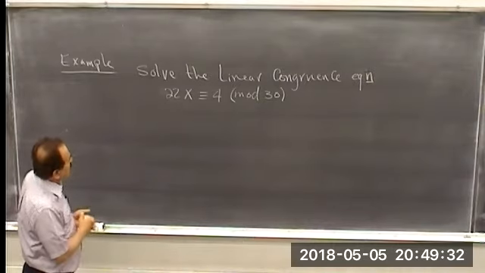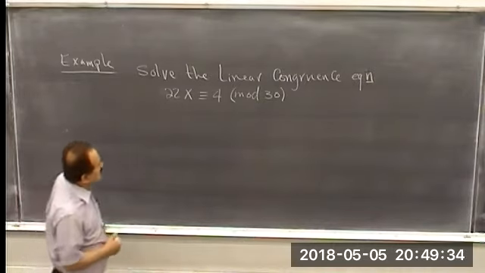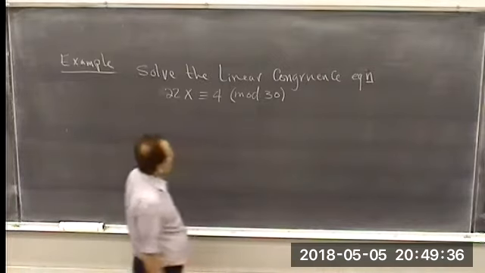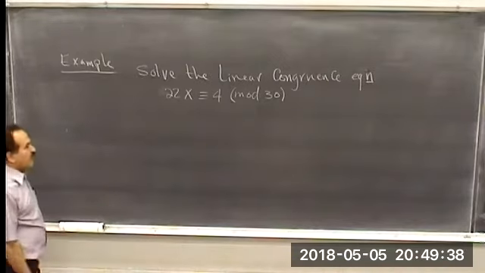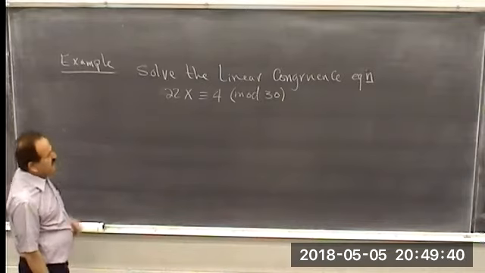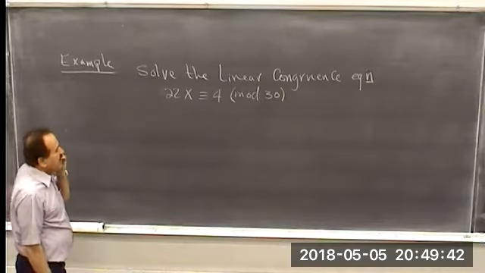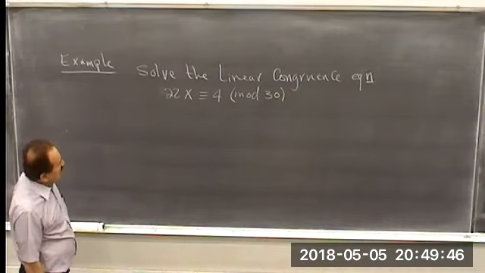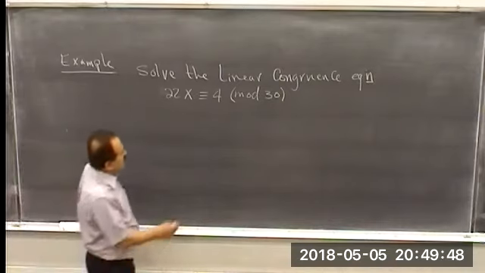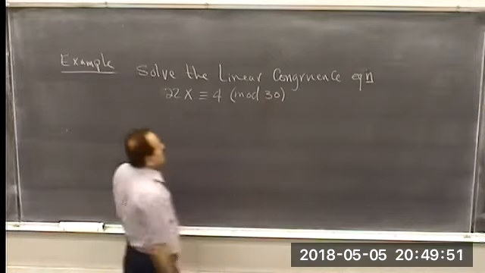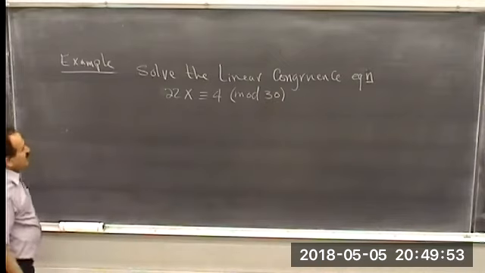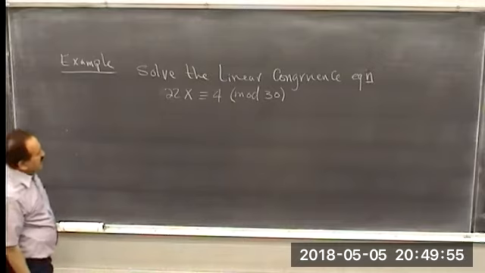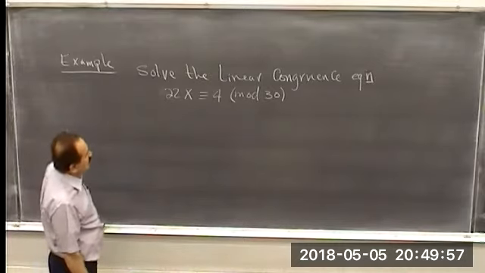Remember that we developed different methods for solving linear congruence equations. And I want to present one more method, actually using the Chinese remainder theorem. This method applies especially when the modulus is a composite number. So I'm just going to go through an example of how this applies.